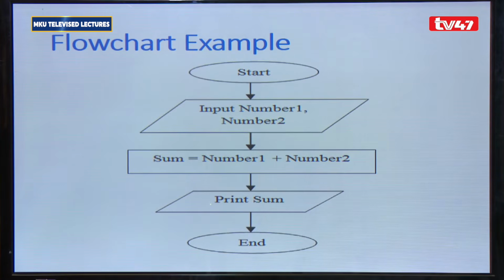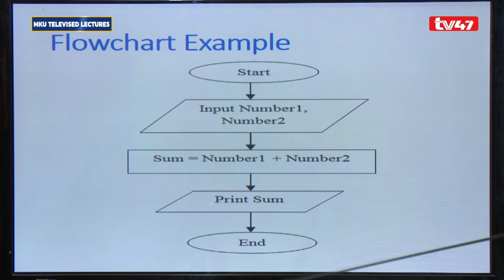We also have another flowchart which you can actually program easily, where we are keying in two numbers so that we can get the sum and output the sum. So again, we have the symbols, the oval, the slanting rectangle, and the oval. Each of these has a meaning. So we start somewhere, we tell the user to enter the two numbers, then we process using a formula, then we print out.